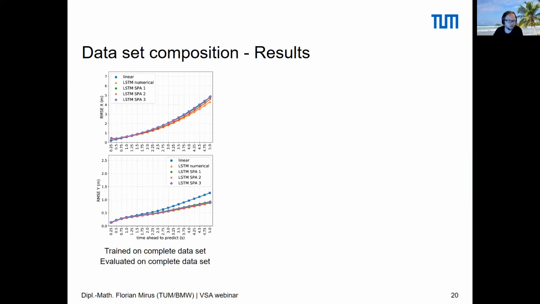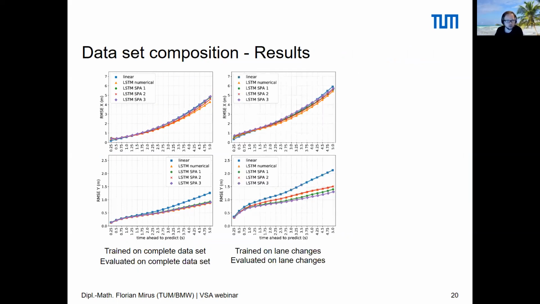So this is again the overall data set results, trained on the complete data set and evaluated on the complete data set. And this is trained on the lane changes and evaluated only on the lane changes. And here we can see in Y direction, where the main nonlinearity of the lane changes happens, that the models employing the vector representation outperform all the other models.